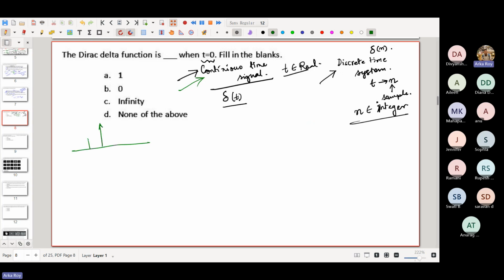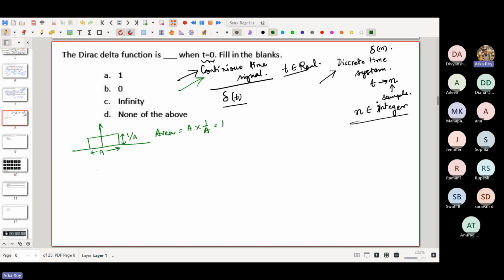I hope you know what a box function or a gate function is. Let's say a unit area gate function has been given. The length is a and the height is 1 upon a. So the area is a into 1 upon a, that is 1.